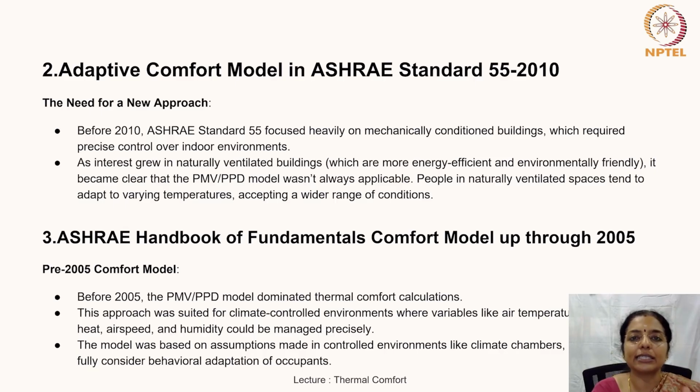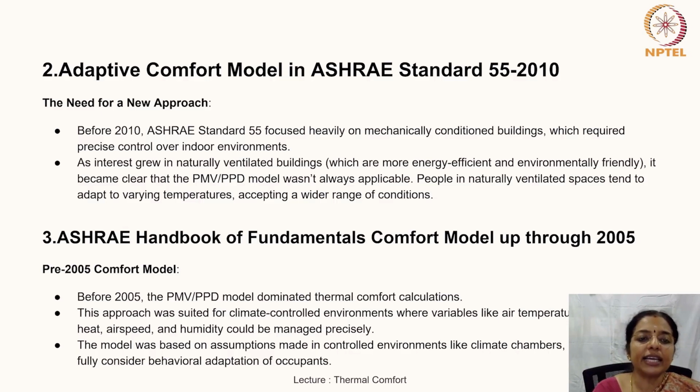So it's a set temperature. As interest grew in naturally ventilated buildings, because that's more efficient, that is sustainable, that is environmentally friendly, it became very clear that the PMV PPD model wasn't always applicable. People in naturally ventilated spaces tend to adapt to varying temperatures, accepting a wider range of conditions.